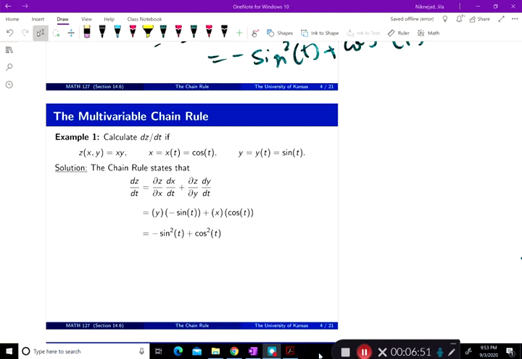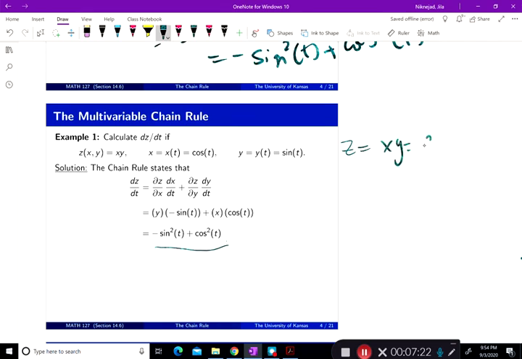Now, at this point you found the derivative of z with respect to t, but z is a function of x and y, and x and y are functions of t. So why couldn't I write z in the beginning as a function of t? So how do we do that?